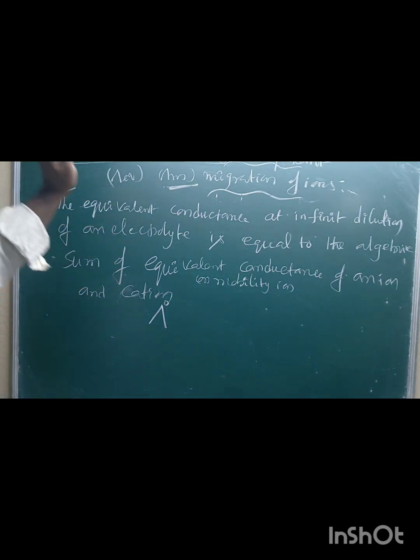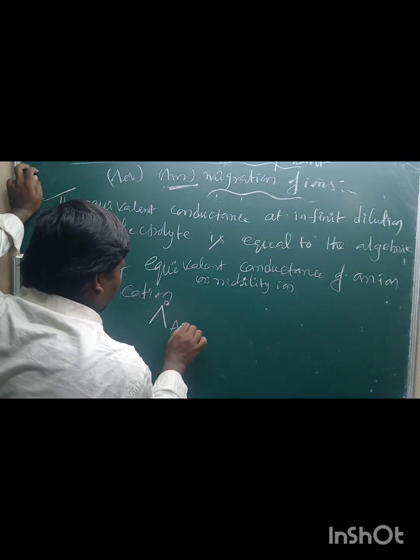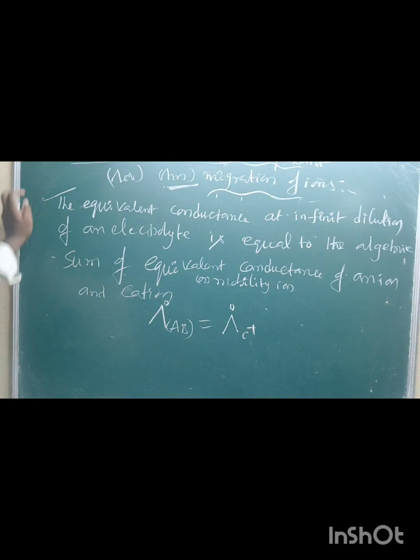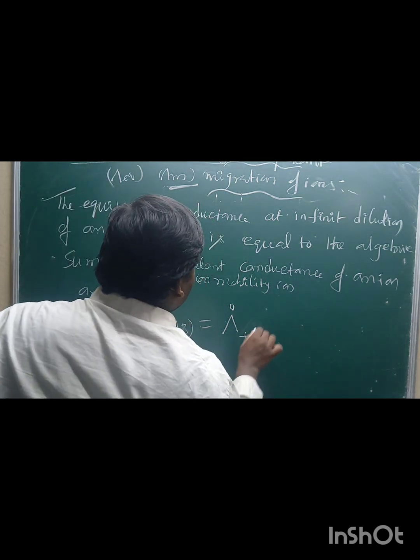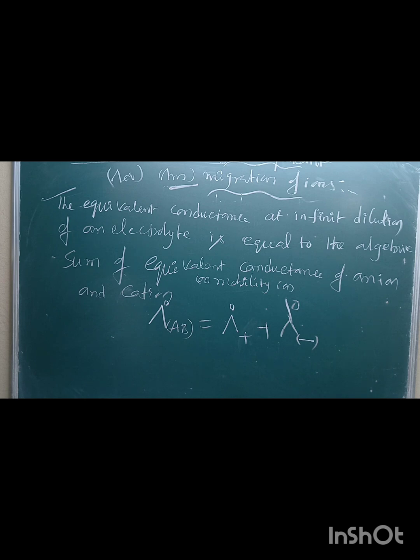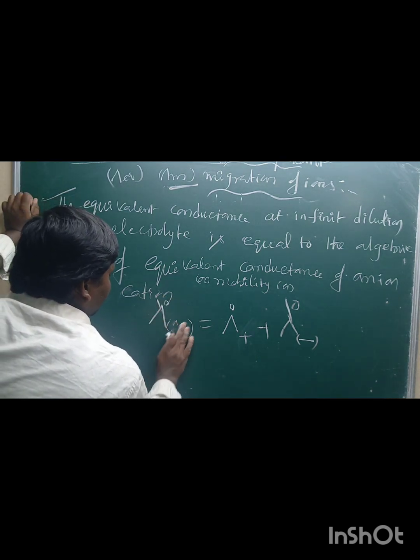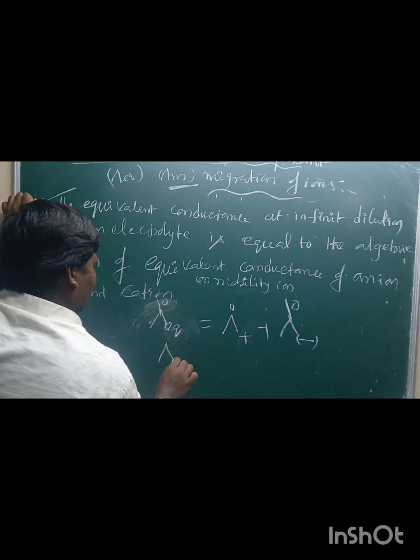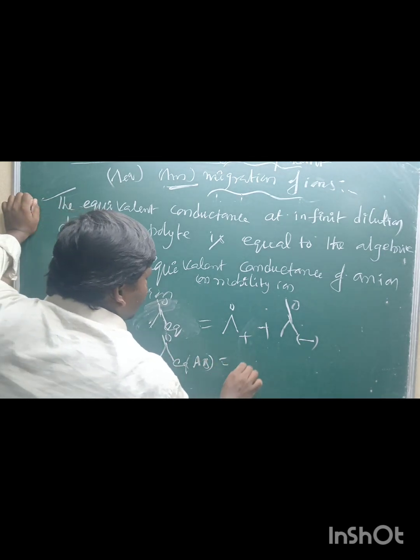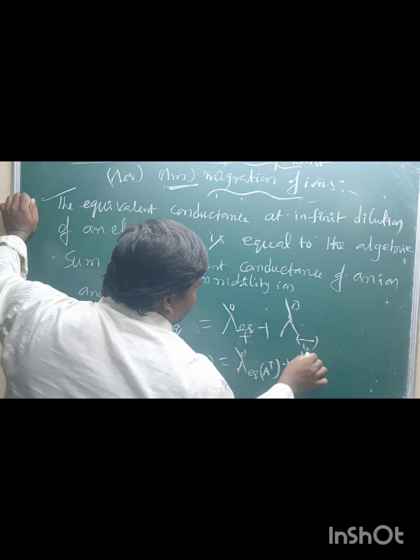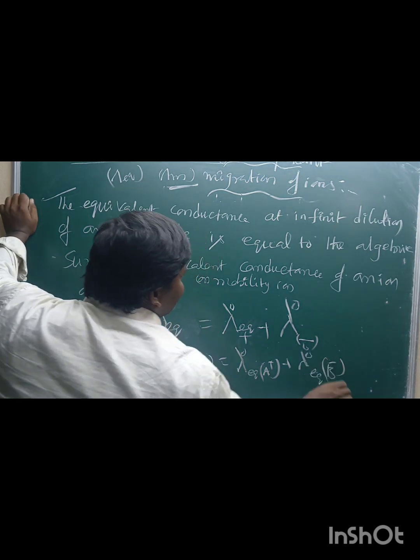That means, if I take the electrolyte AB, lambda naught EQ of AB is equal to lambda naught EQ of A plus, plus lambda naught EQ of B minus.